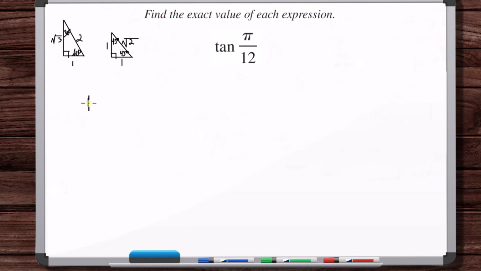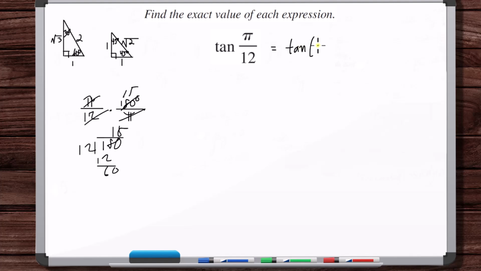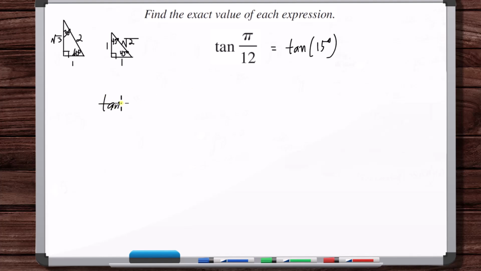Okay, tangent of pi over 12. So it'd be pi radians for 180 degrees, so 180 divided by 12 was 15, I believe. Yeah. So this is tangent of 15 degrees. Okay, so we can write tangent of 15 as tangent of 45 degrees minus 30 degrees.